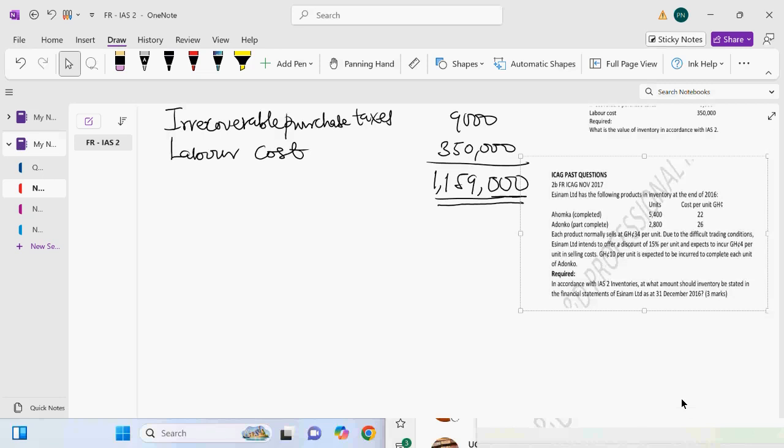Due to difficult trading conditions, S&M Limited intends to offer a discount of 15% per unit and expects to incur 4 Ghana cedis per unit in selling costs. 10 Ghana cedis per unit is expected to be incurred to complete each unit of Adongo. In accordance with IAS 2 Inventories, at what amount should inventory be stated in the financial statements of S&M Limited as at 31st December 2016? 3 marks.